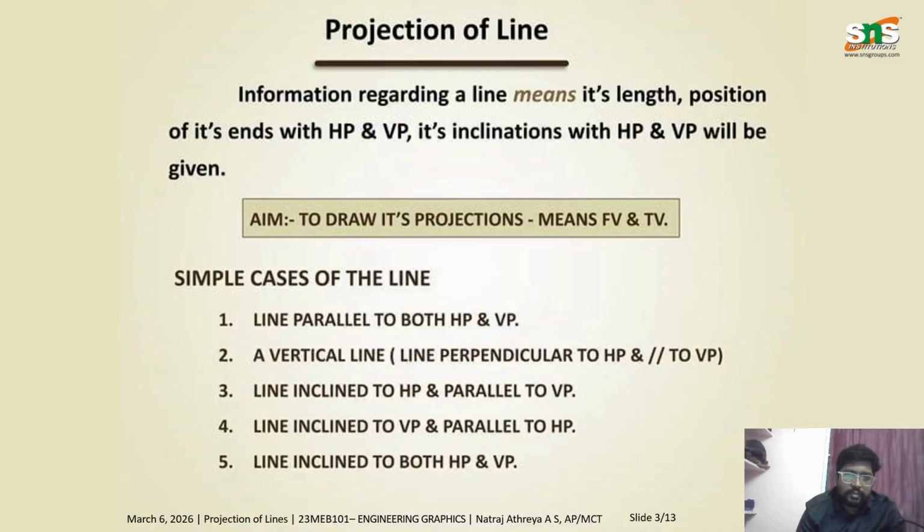Vice versa, the next is a line inclined to the vertical plane but parallel to the horizontal plane. And the last option is a line inclined to both the horizontal and vertical planes. We'll see the explanation for these simple cases of a line and how each should be projected.